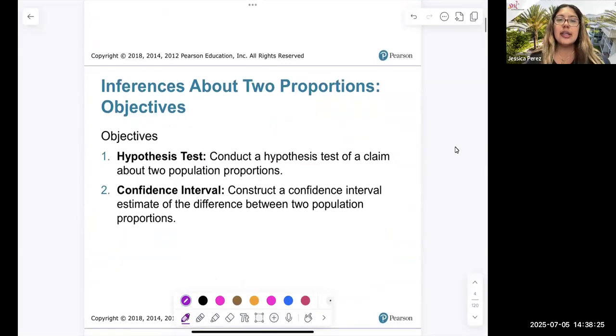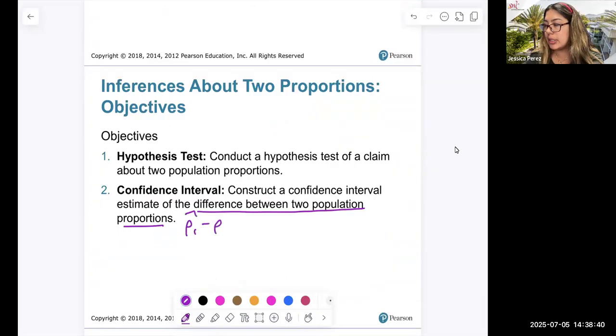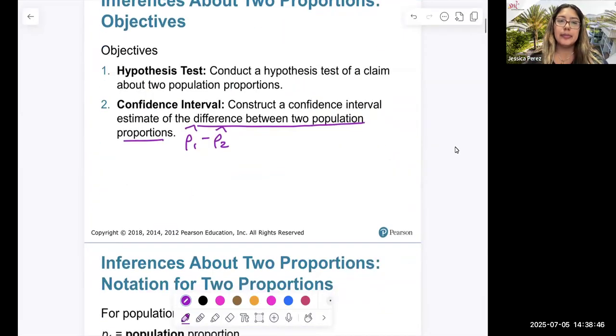So the objective is to construct a hypothesis test of a claim, and then also create a confidence interval for estimating the difference between two population proportions, so we're going to be looking at P1 minus P2. We are going to be constructing a confidence interval. We're doing two things at once.